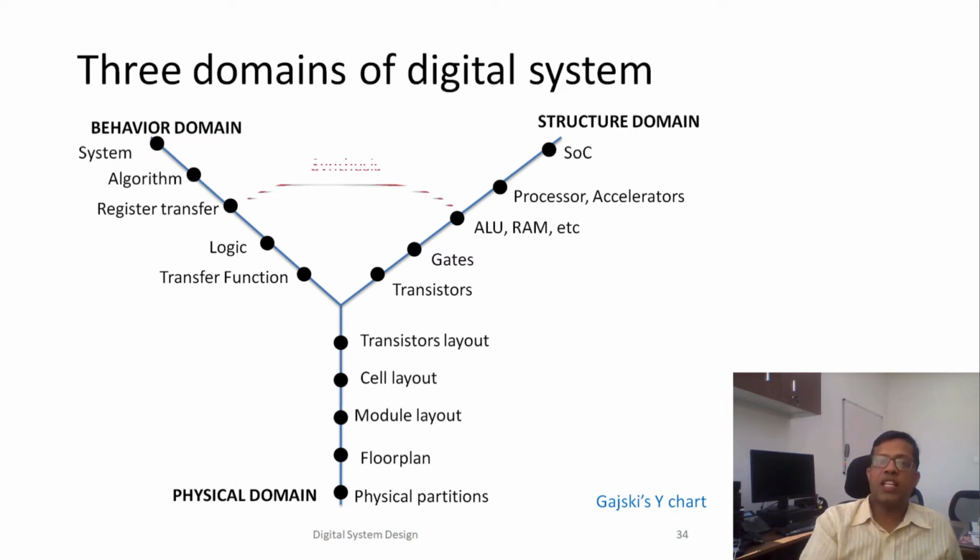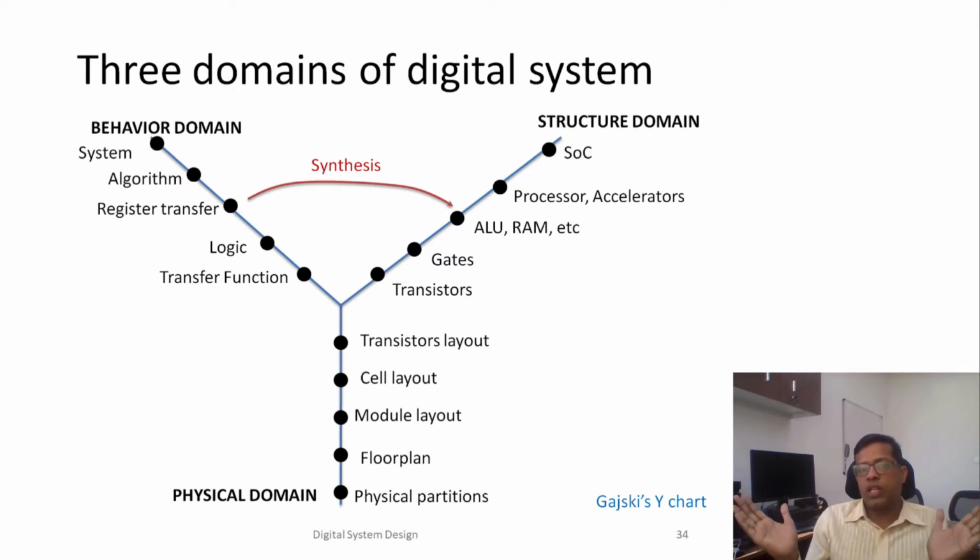That functionality has to be converted into the final structure in the form of basic gates, and these gates could also be hierarchically combined into larger blocks like ALU or memory or multiplexers, etc. And these further could be combined into processors or accelerators, or a group of these, or maybe we can call them modules.